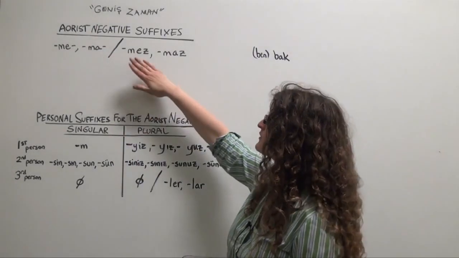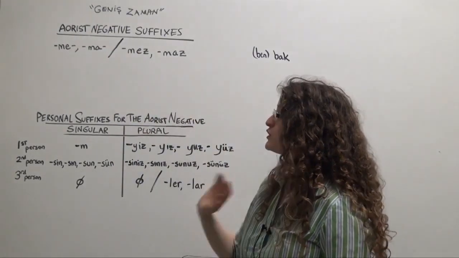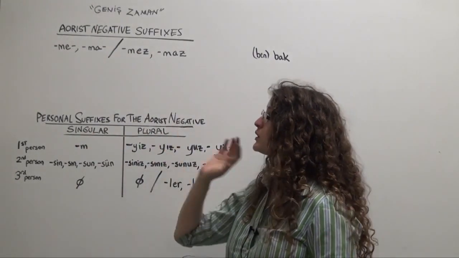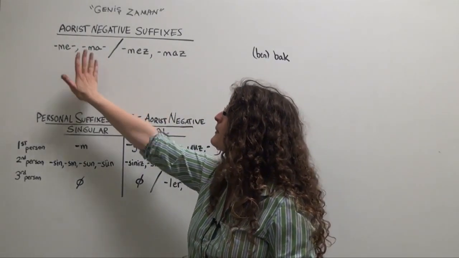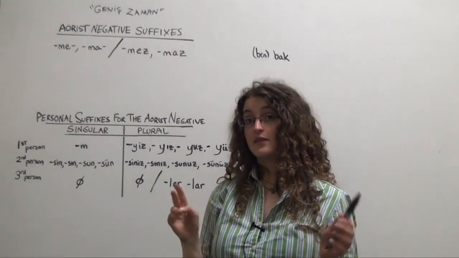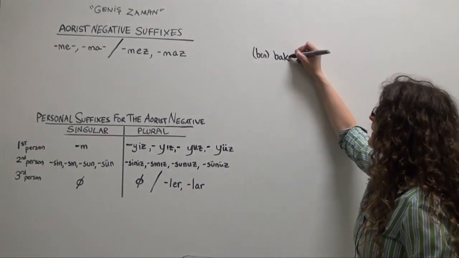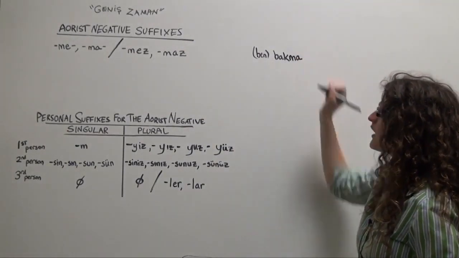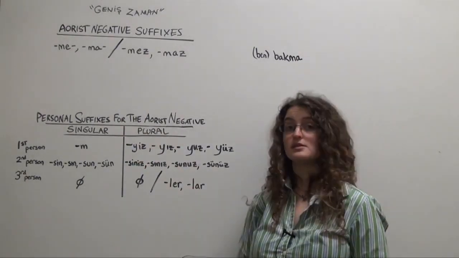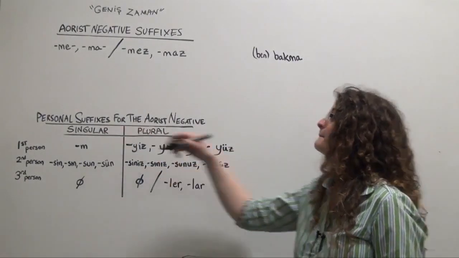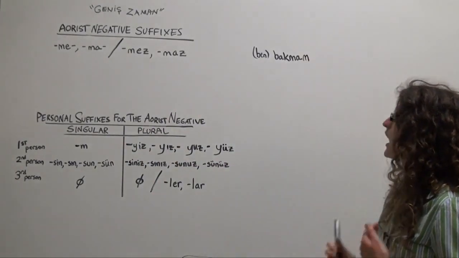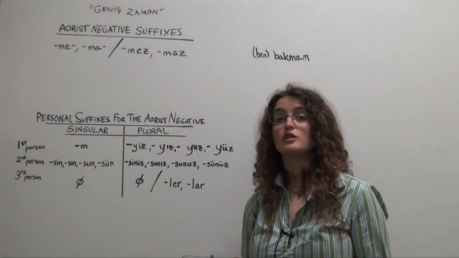One of these forms we have not seen before. But for the first person, singular and plural, we're going to use our familiar me or ma aorist negative suffix according to the rules of two-way vowel harmony. So ben, bak, ma, and now we simply add the appropriate personal suffix. So ben, bak, mam. I don't look, or I won't look.